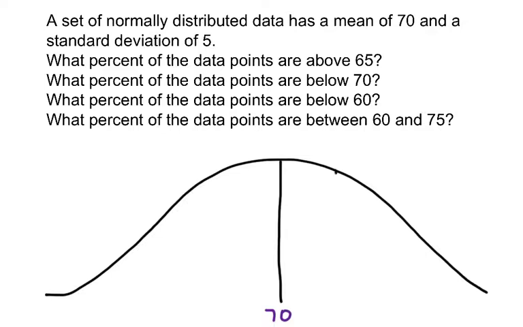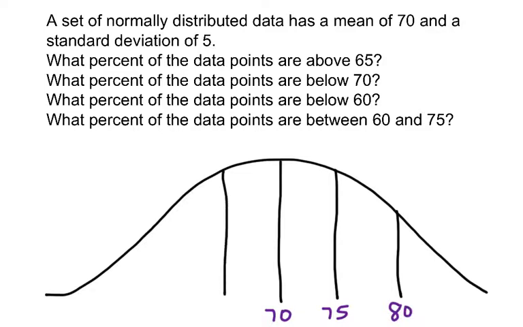So 1 standard deviation above the mean is going to be at 75. 2 standard deviations above the mean is going to be at 80. 1 standard deviation below the mean is going to be at 65. And 2 standard deviations below the mean is going to be at 60.